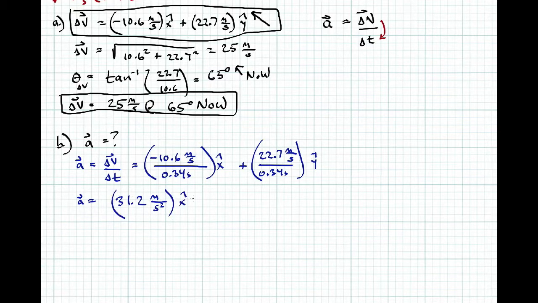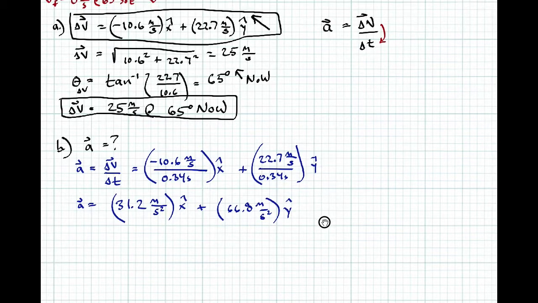That's the x hat direction. Plus 22.7 divided by 0.34. That's 66.8 meters per second squared in the y hat direction. That's it. That's our acceleration in unit vector notation.